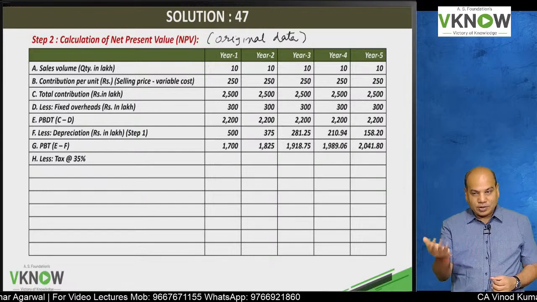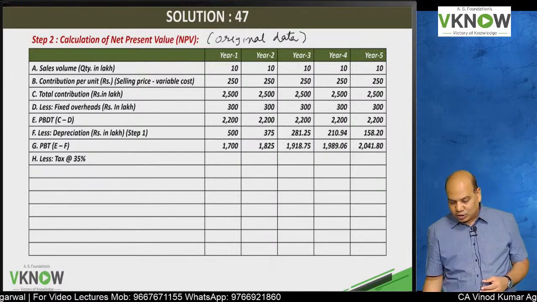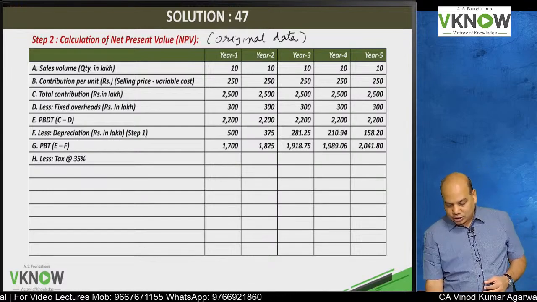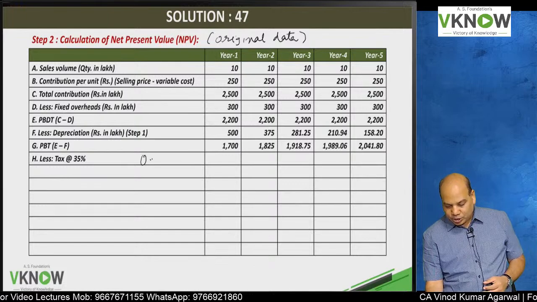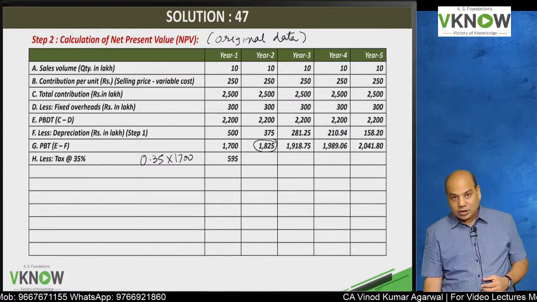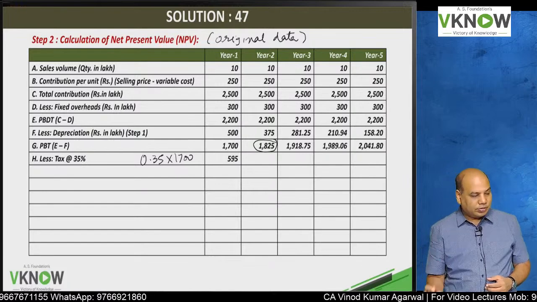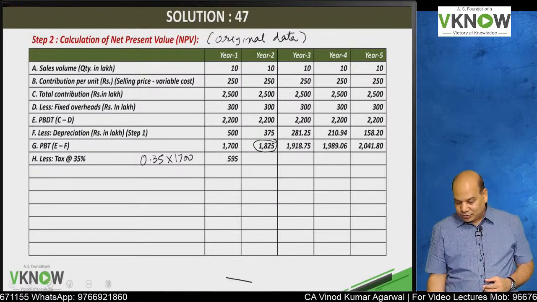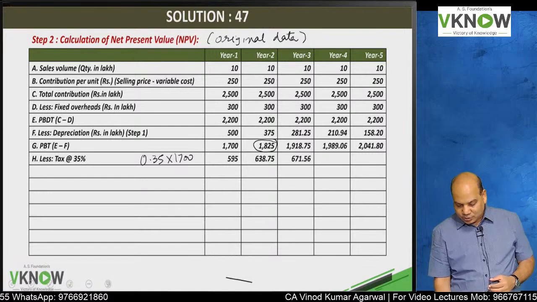Student has confirmed. Come on, tax 35%. How do I do it? I'll tell you one shortcut. First you type 0.35 into 1700, 595. Now you just type this number, press equal to, see the magic. You will get 638.75.